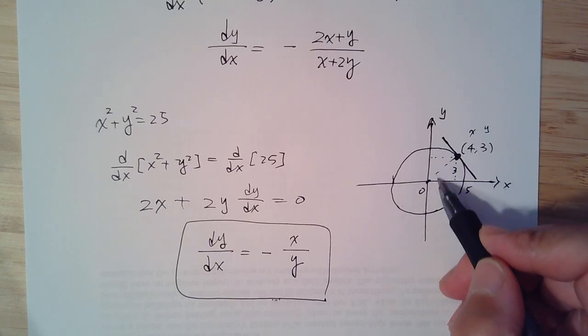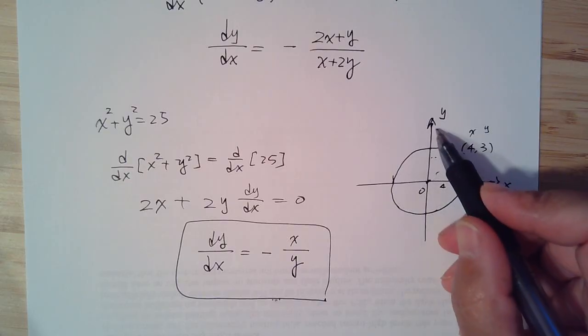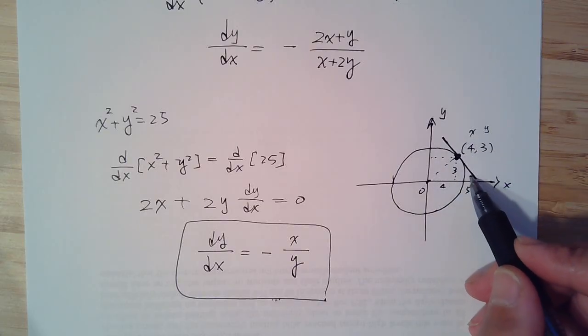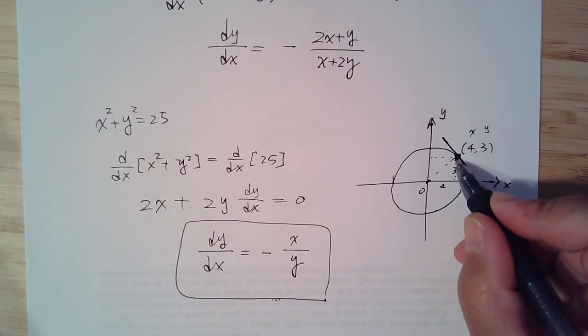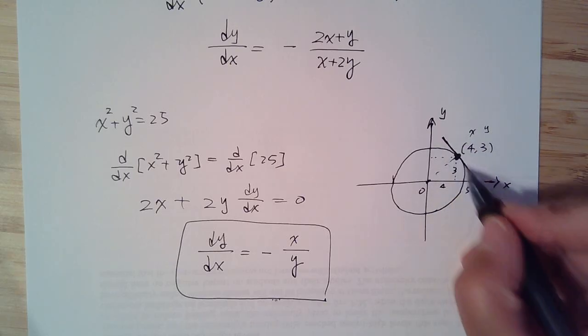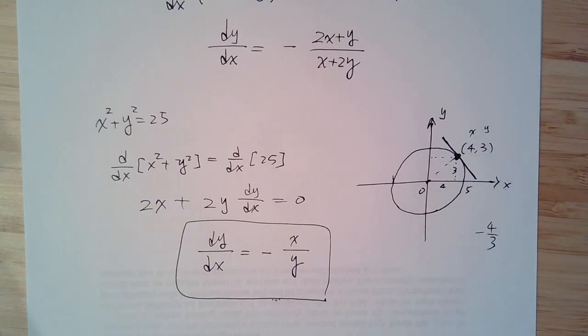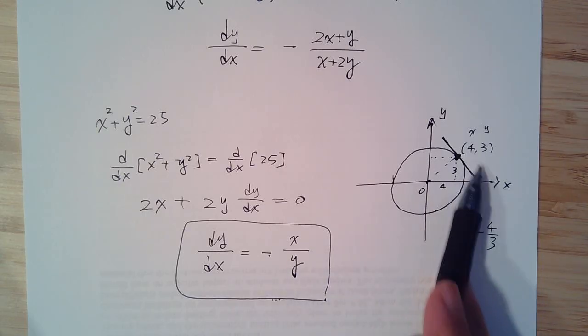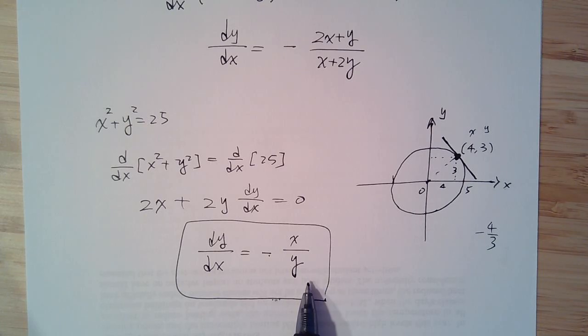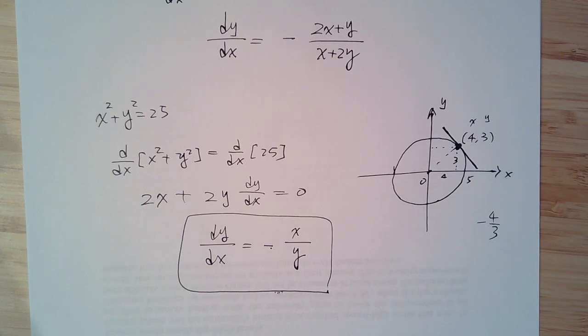And the radius slope is 3 over 4, so the tangent line has the negative reciprocal slope, negative 4 over 3. Isn't it just negative x over y? Because given this point, 4, 3, is that a negative 4 over 3? So it does agree with what we learned a long time ago, right?